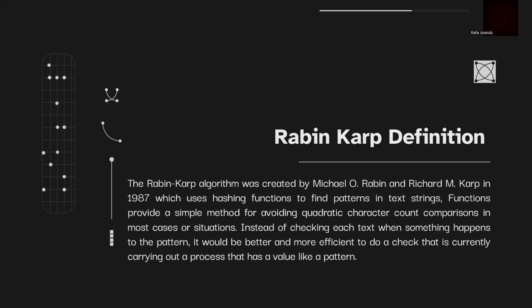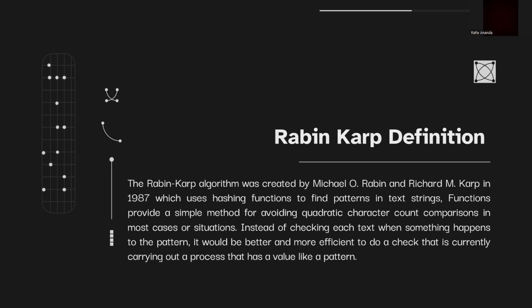Next, we discuss the definition of Rabin Karp. The Rabin Karp algorithm was created by Michael O. Rabin and Richard M. Karp in 1987, which uses a hashing function and provides a simple method to avoid comparing the number of characters in most cases.